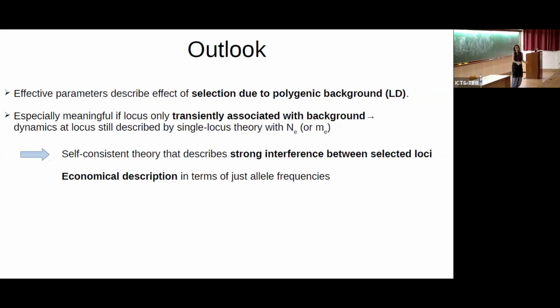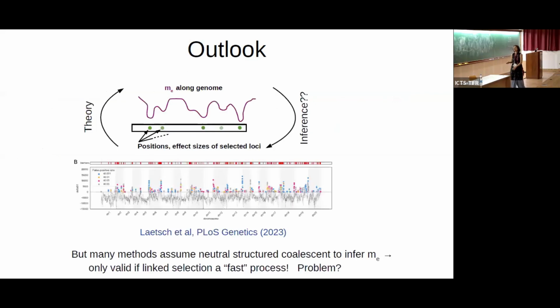And so there's no mention of LD or pairwise LD or 3-locus LD or anything, but what it's capturing is really the effects of LD, the effects of associations between these different selected loci. So it's a very economical description in terms of just allele frequencies, which gets at the fact that there is interaction between loci.